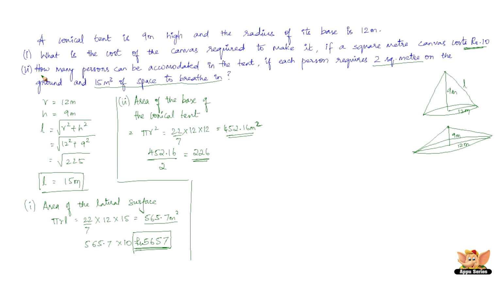Now this ends the first part of the second question. How many persons? It is 226 persons. Now again, we need to go to the volume of the cone. The third point deals with the volume of the conical tent, which is nothing but 1 by 3 into area of the base into the height.